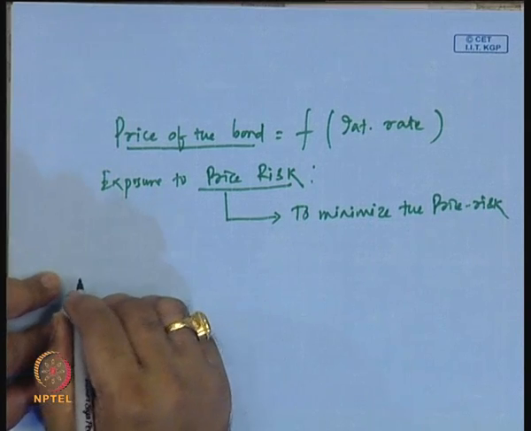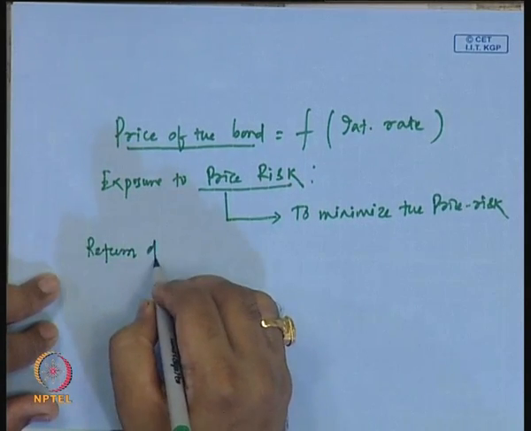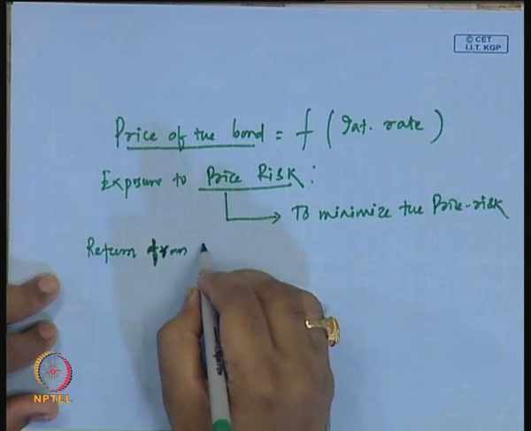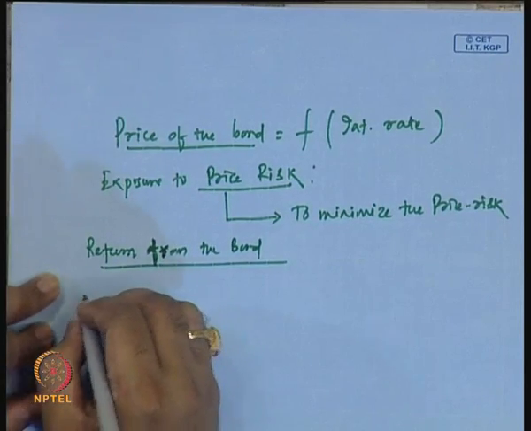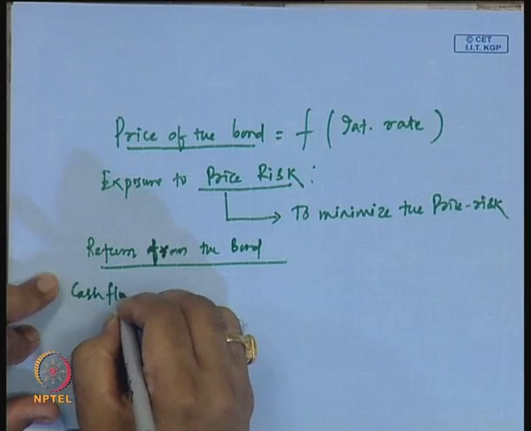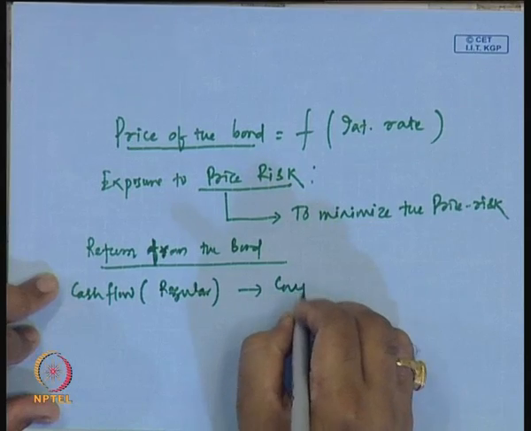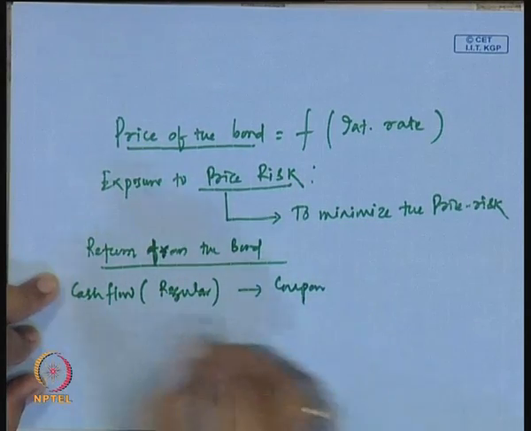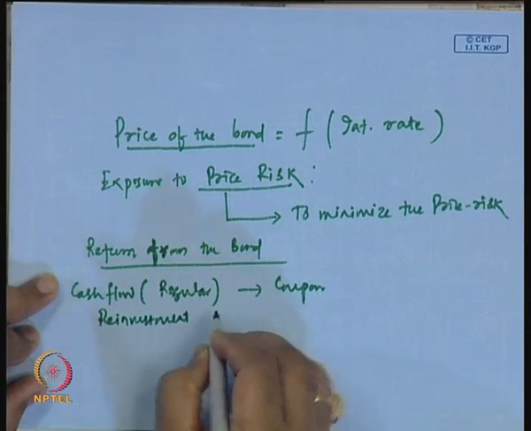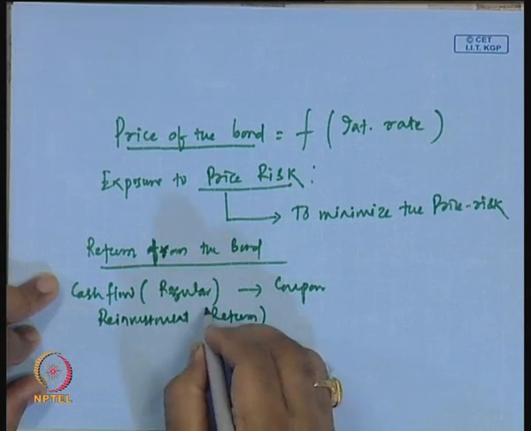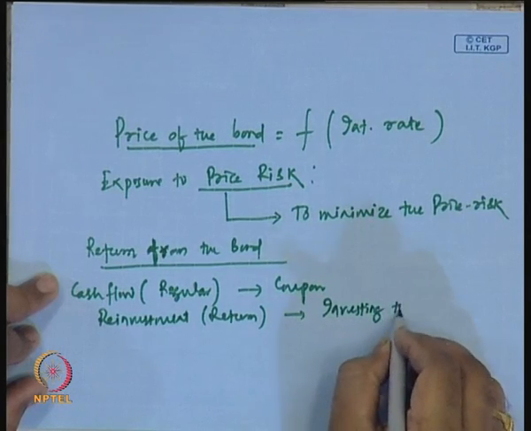That means, if you observe how the return can be achieved from the bond, the investor has two things: one is the regular cash flow, which is nothing but the coupon, and another is the reinvestment return he gets from investing the coupon payments.